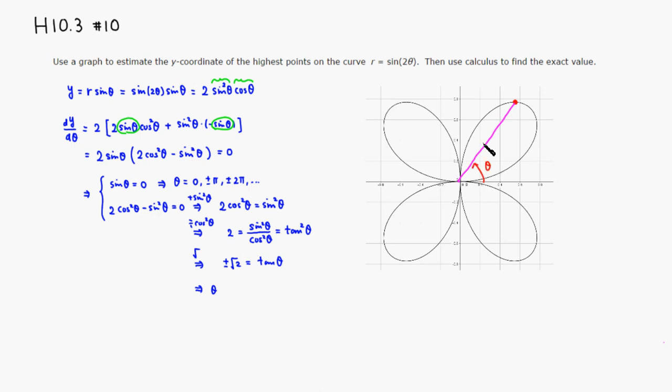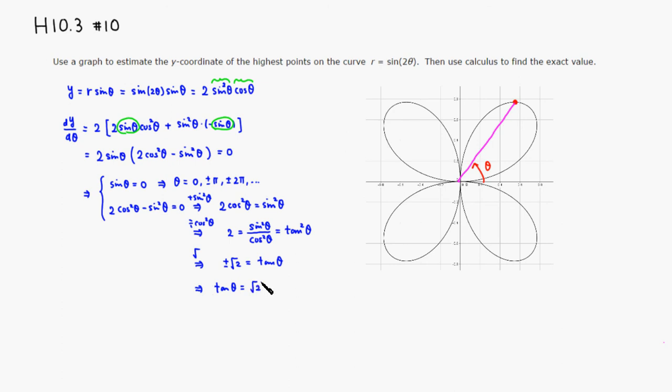Alright. So we know that the tangent of theta is going to be positive square root of 2. So instead of looking for theta, I'm going to just go ahead and look for tangent of theta, which is equal to square root of 2.